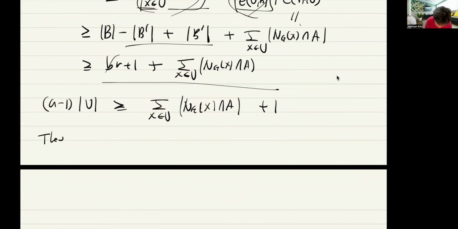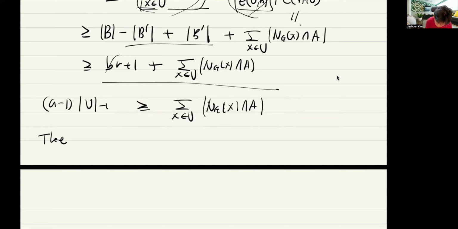Then you just subtract it. That means you add all the degrees of the vertices in U, and it's smaller than A minus 1 times U.